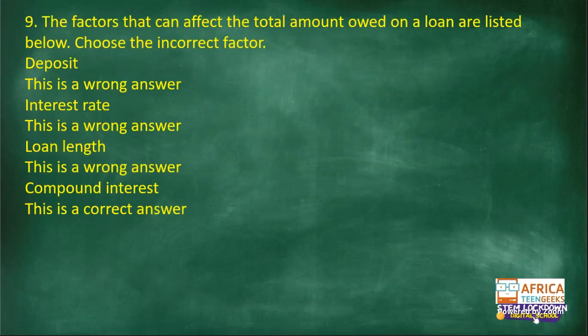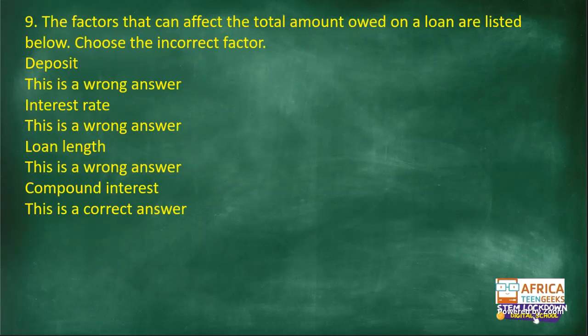the factors that can affect the total which is owed on a loan. Choose the correct answer there. What are some of the factors which can affect the total amount that is owed on a loan? We have 4 different factors there.